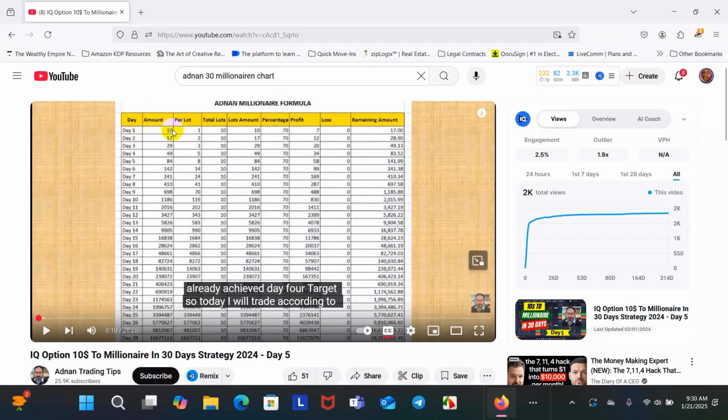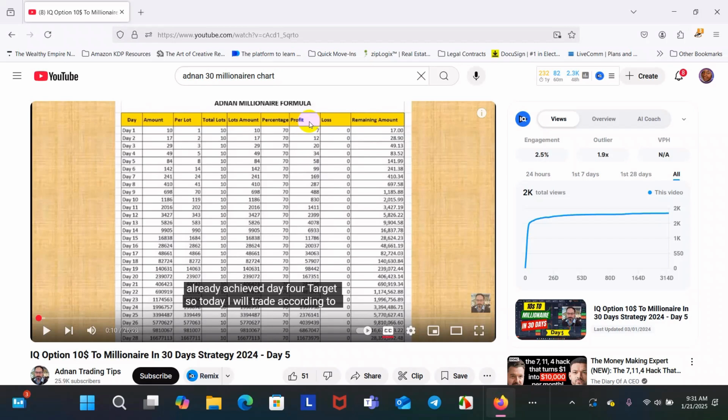I started my account off with a little bit more than $10, but I'm just looking pretty much at the profit. So if we complete day 1 at whatever amount you decide to start with, whether it's $200, $100, $10, or whatever, you add your $7 profit to what you started with, and we were able to complete that day.